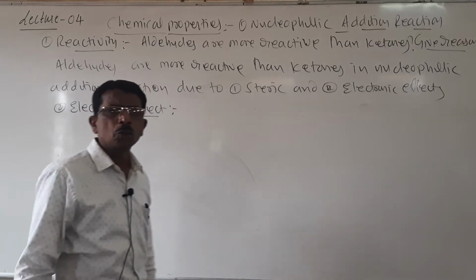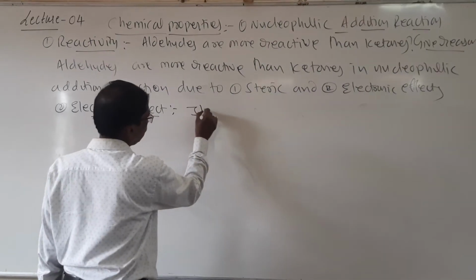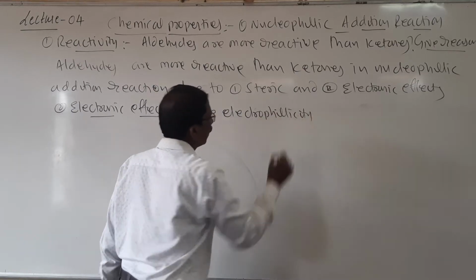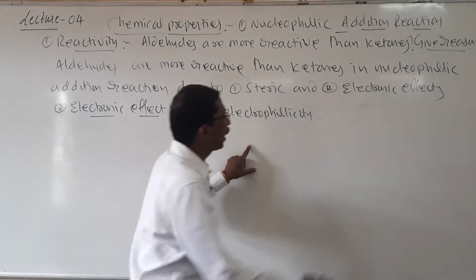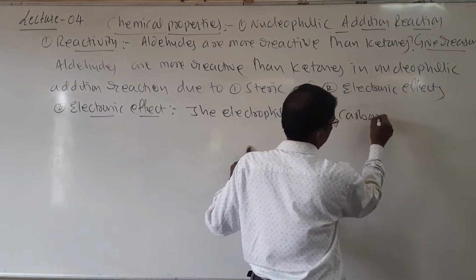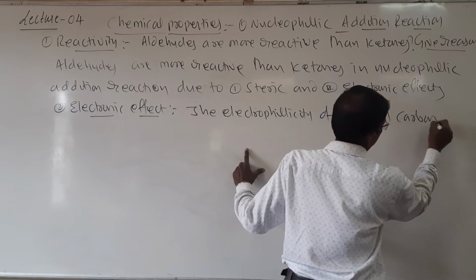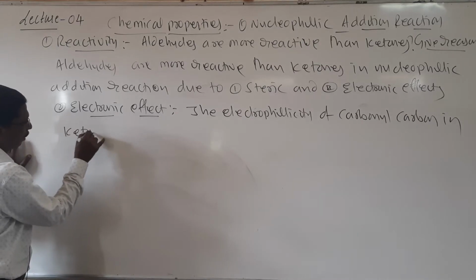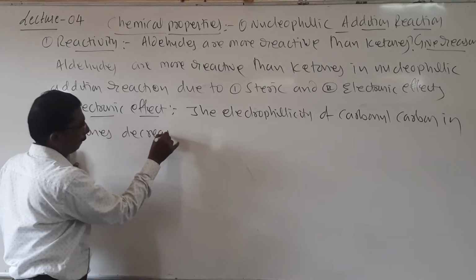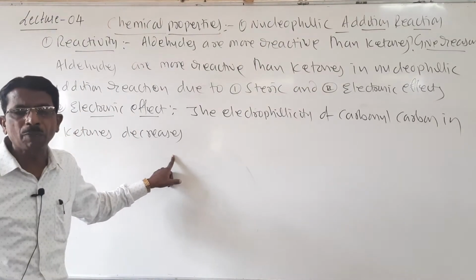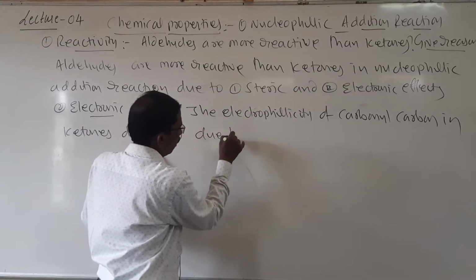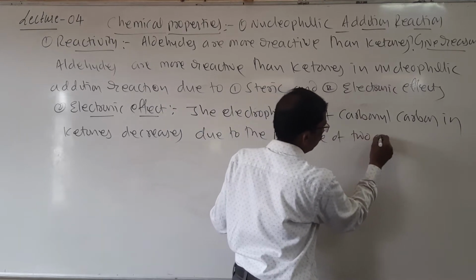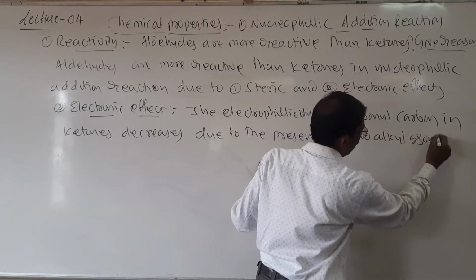Electronic effect. So what is electronic effect? Look here, the electrophilicity of carbonyl carbon in ketones decreases due to the presence of two alkyl groups.